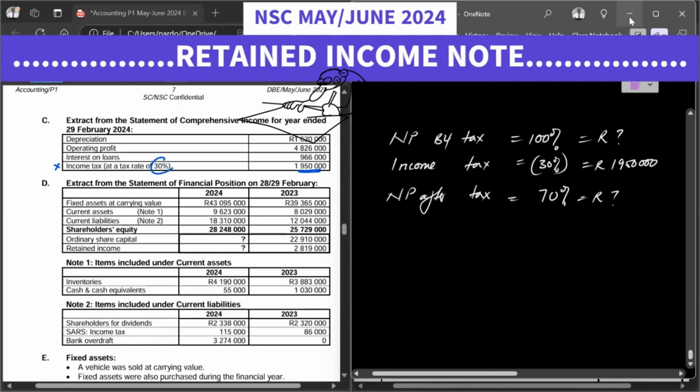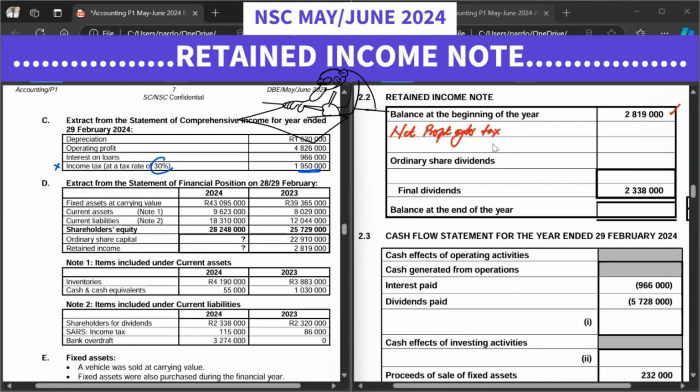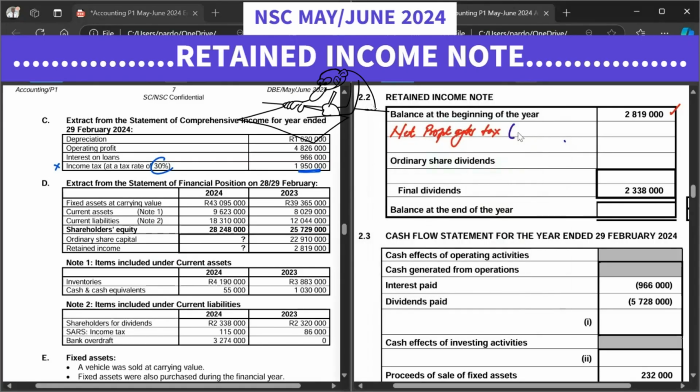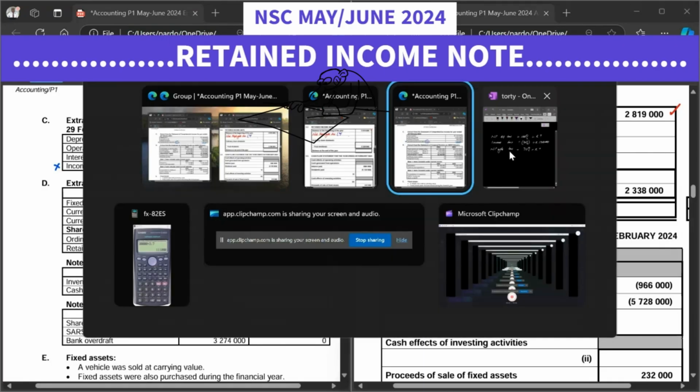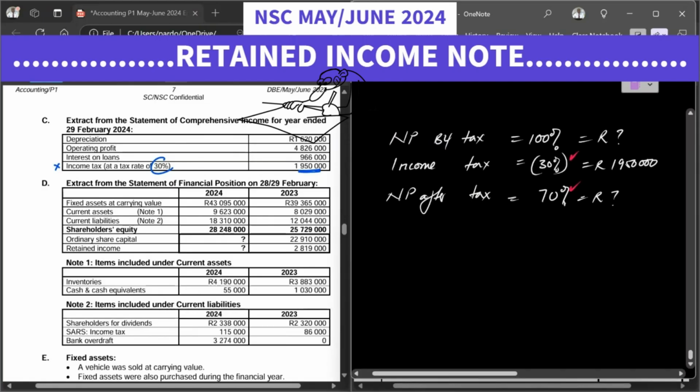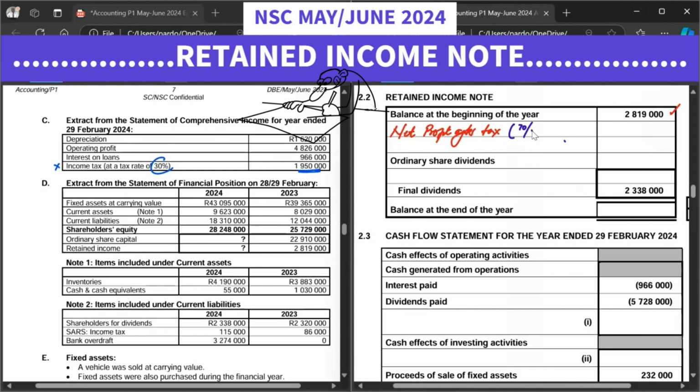When we come in here, we want net profit after tax. That simply means what we want, in simple words, is that 70. So we are simply applying what you want over what we have. This is what we want. We want the 70 and we have the 30, and they must have two values. So it's going to be 70 over 30 multiplied by 1,950,000.